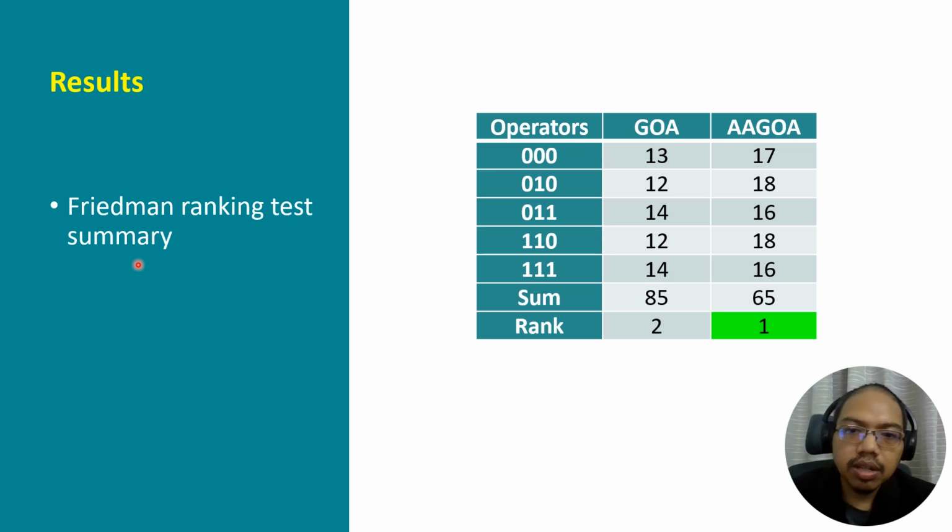Mostly we just add up the results across operators 00 until 111. These are the operators that we have discussed earlier, and we just sum everything, and the lowest value would be rank number 1. Here our proposed algorithm AAGOA has the lowest value, so it ranked number 1, indicating that based on the Friedman ranking test, the proposed algorithm is much better compared with the original GOA.